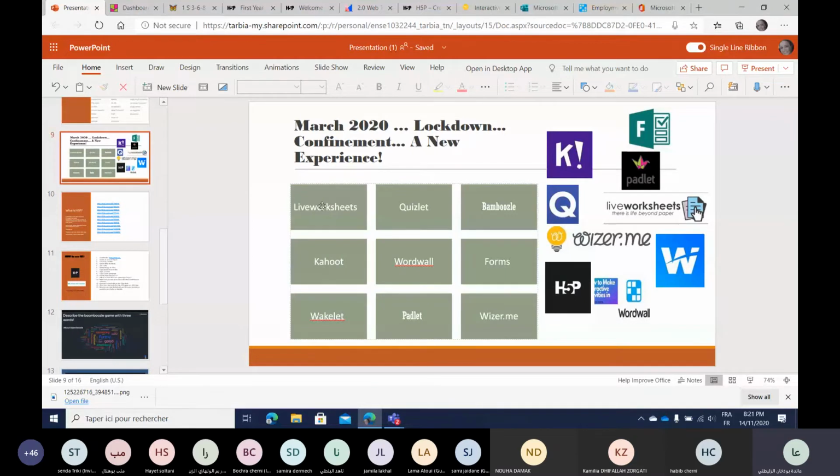So I was acquainted with Live Worksheets, thanks to Mrs. Mawa and Mrs. Sinda Triki, Quizlet, Bamboozle, Kahoot, Wordwall, Forms, Wakelet, where I store most of my worksheets, Padlet, and Wizer.me. Now, I want to focus on H5P.